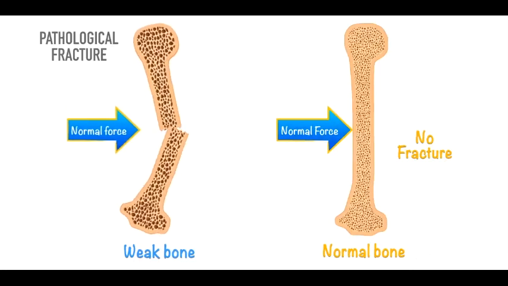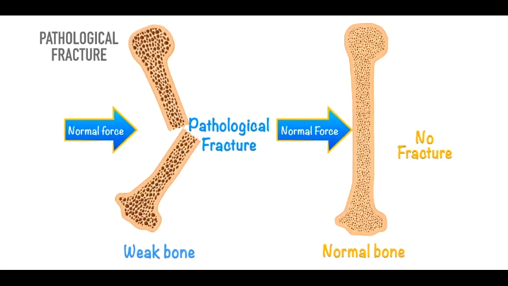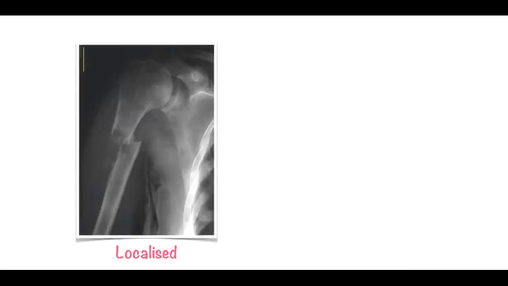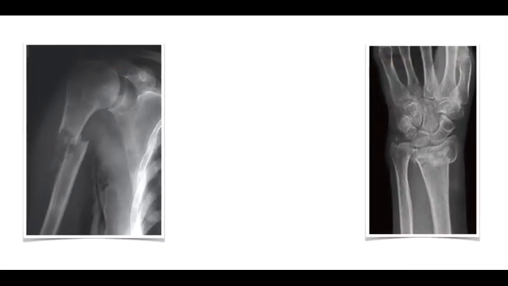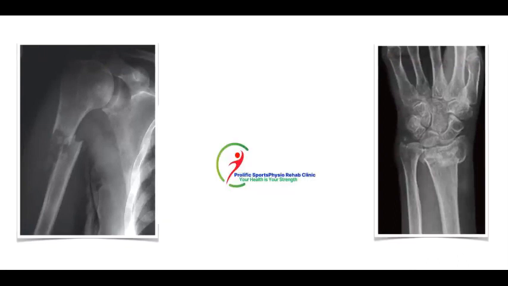The pathology may be localized to one part of the bone, an example being a tumor deposit, or generalized, which could be osteoporosis or osteomalacia. A trivial or no force may be required to cause such a fracture. For example, a fracture through a bone weakened by metastasis.